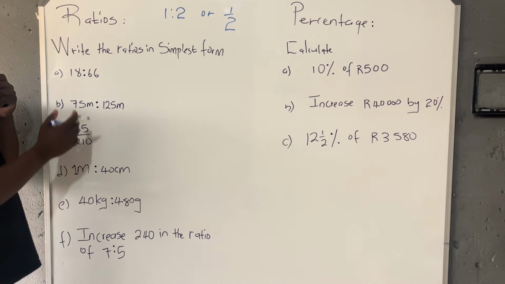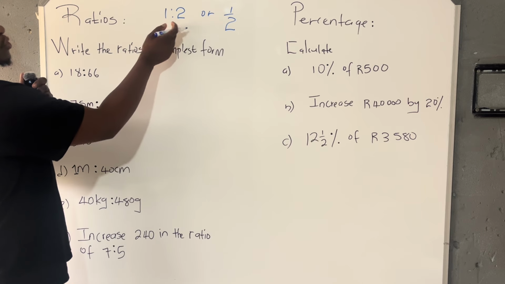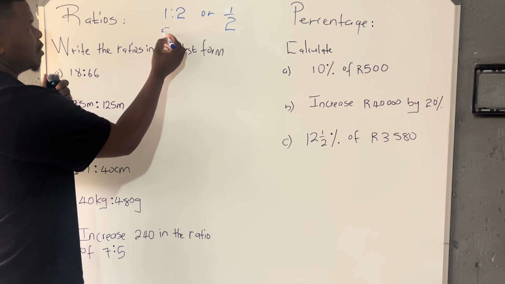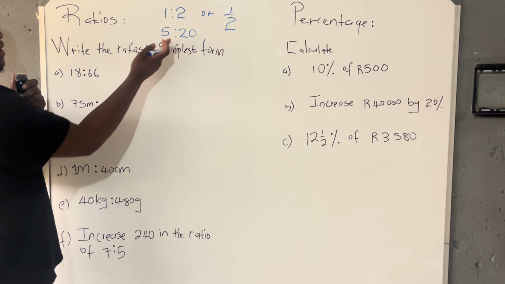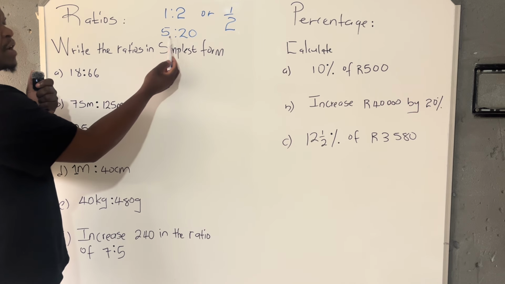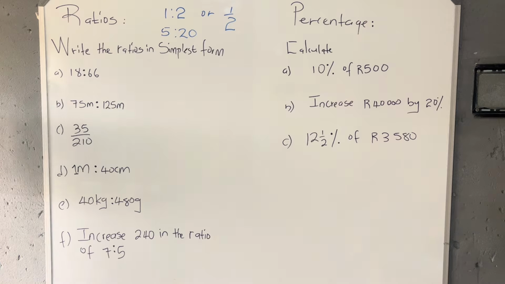They'll just ask you to simplify them. If you can see, this ratio is already simplified. But if I say to you 5:20, and then I say, put this in simplest form, I want you to find the highest common factor between 5 and 20 and simplify. Use that highest common factor to simplify.